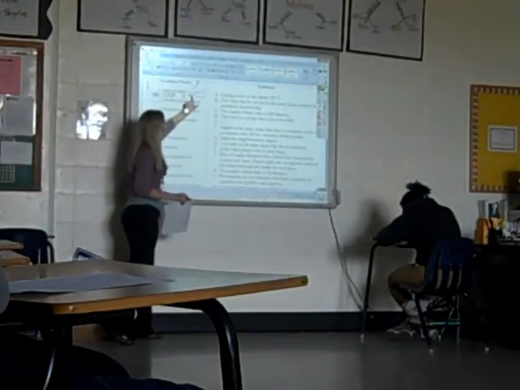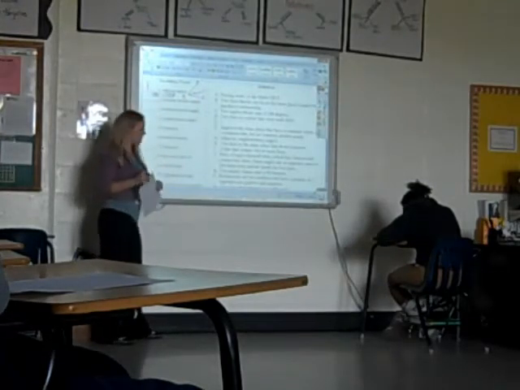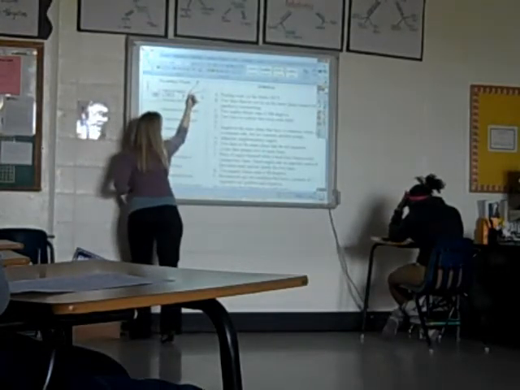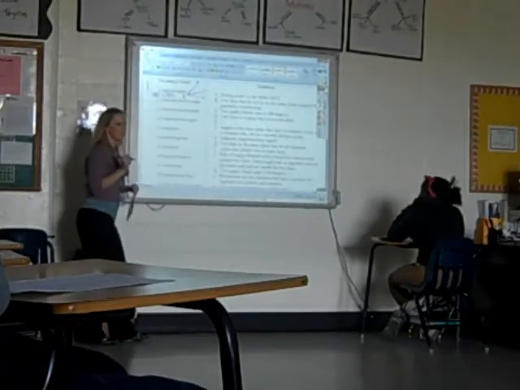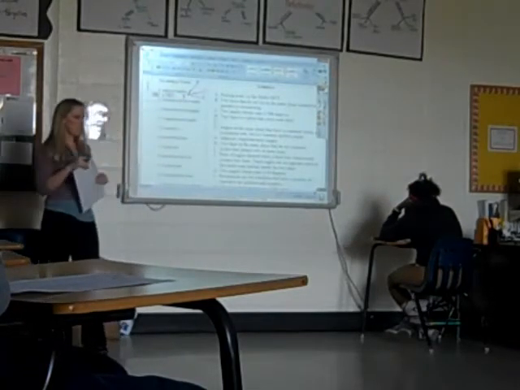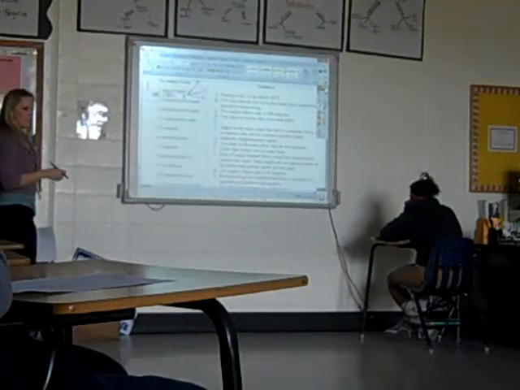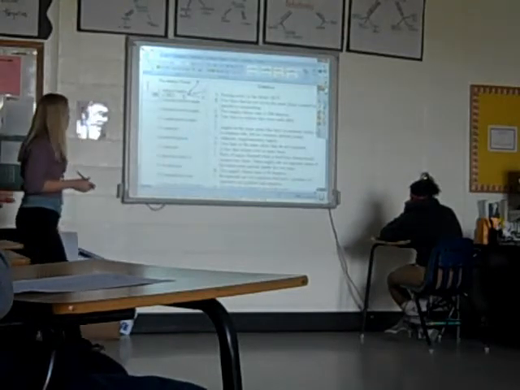This is their common side. What's their vertex? B. Our vertex is the point that they shared. Does that help? Any questions on adjacent angles? No. Okay, let's look at the next one.